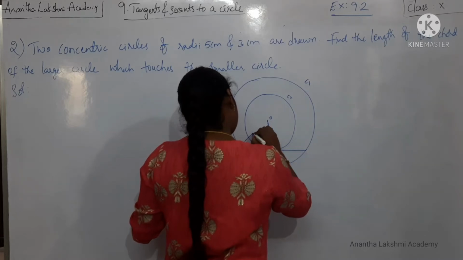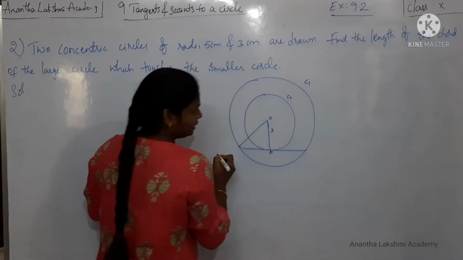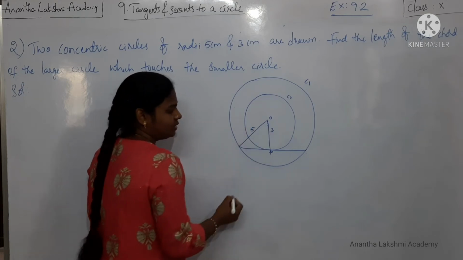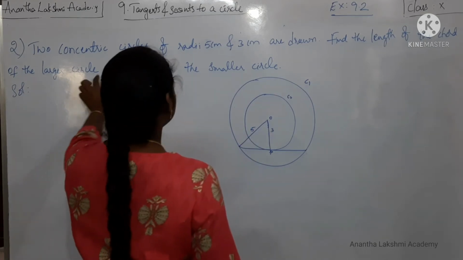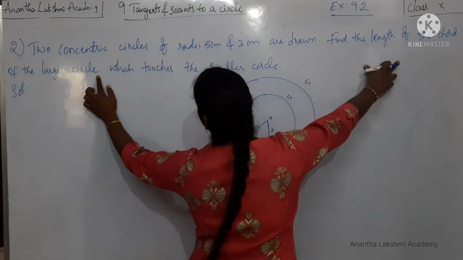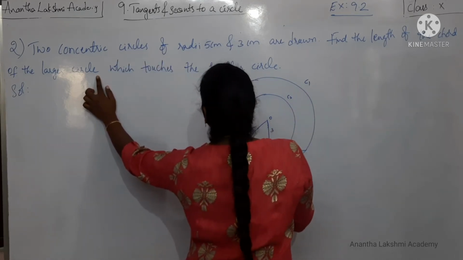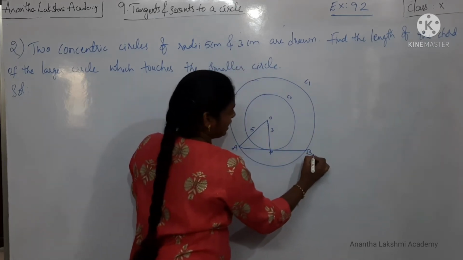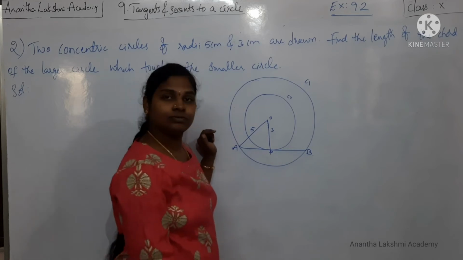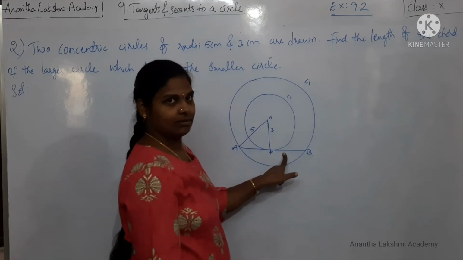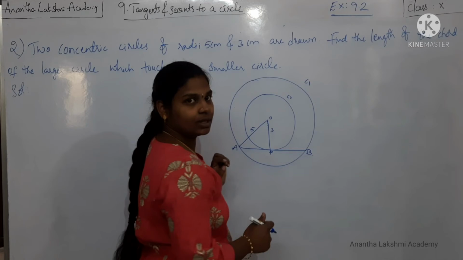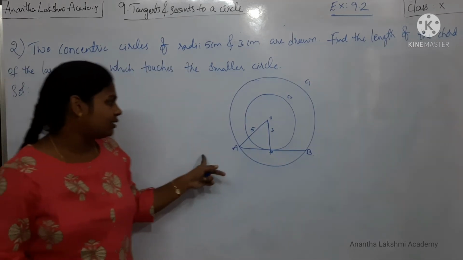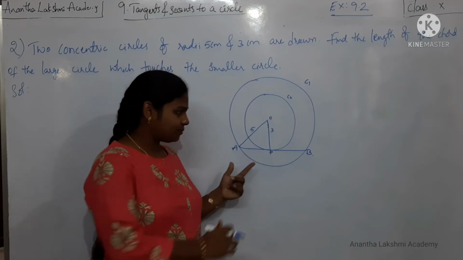Likewise, if I draw a line from O to any point on circle C1, that becomes the radius of the bigger circle. Now, what are we supposed to find? The length of the chord of the larger circle which touches the smaller circle. If we assume the endpoints as A and B, we are supposed to find AB, the length. Okay. So let's try figuring that out. So here we need to figure out PA from this triangle.